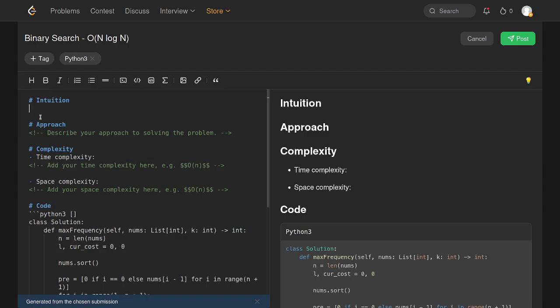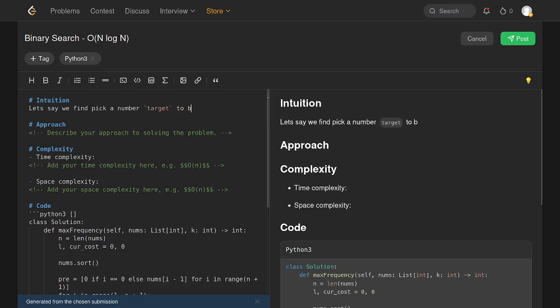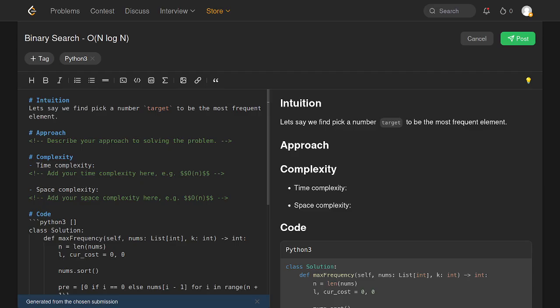Okay, so intuition. Let's say we pick a number target to be the most frequent element.